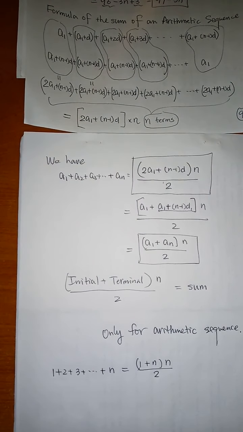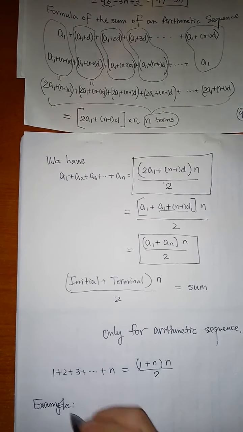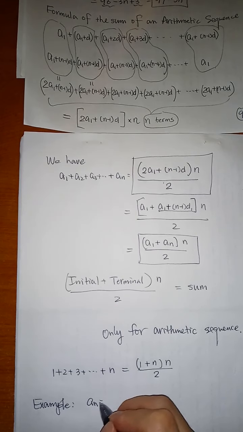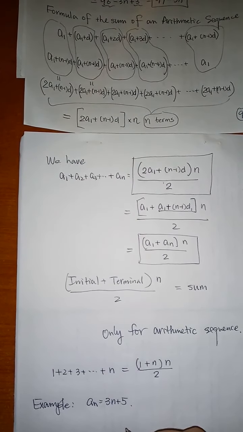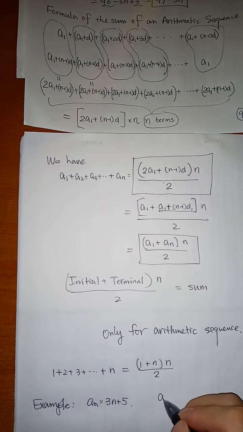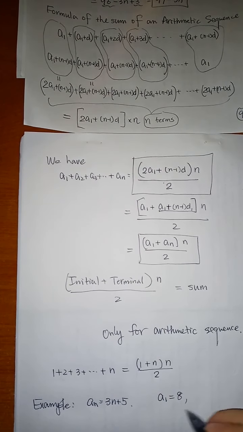And remember that we mentioned if you have a linear function in terms of n, then that sequence is arithmetic. So for example, if you have an equal to 3n plus 5, this is arithmetic. And its first term, n is 1, is 8. The nth term is 3n plus 5.